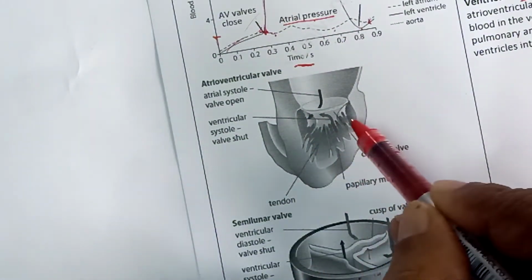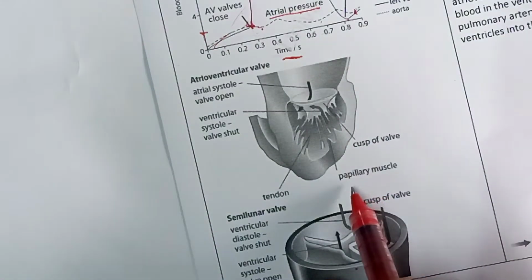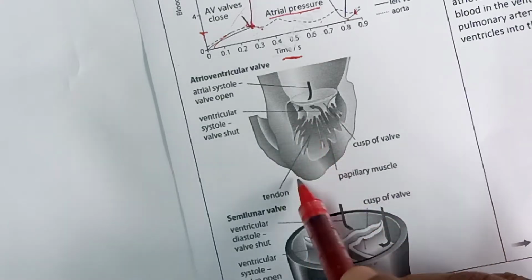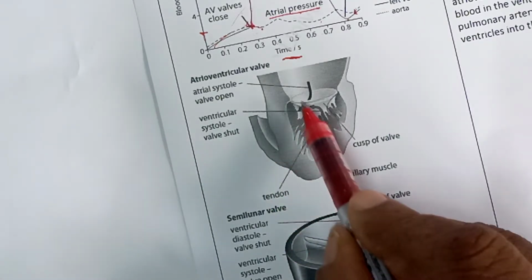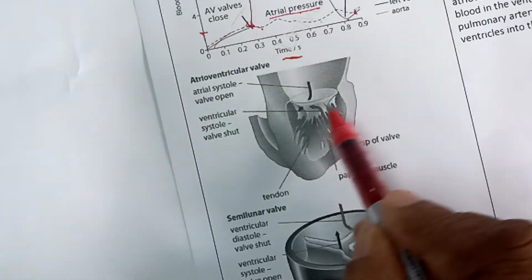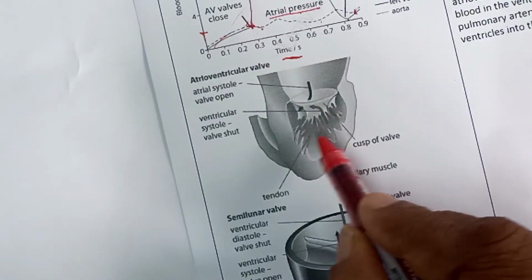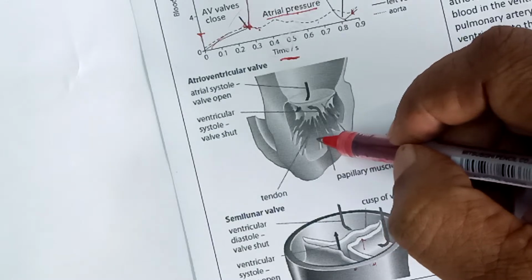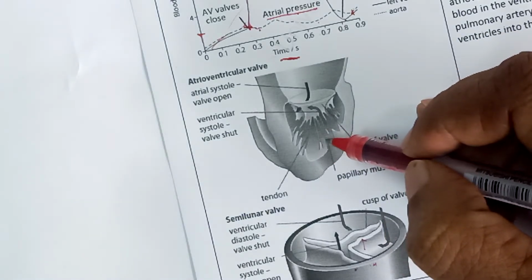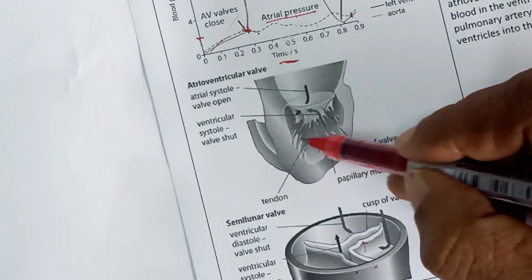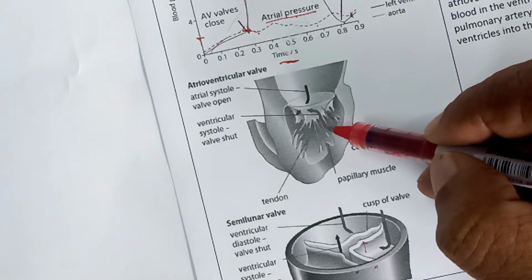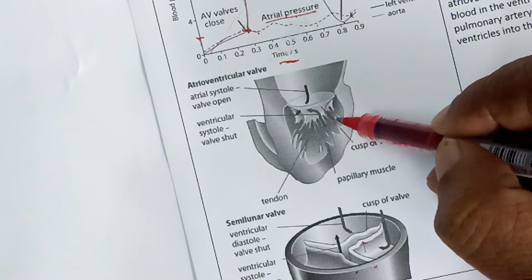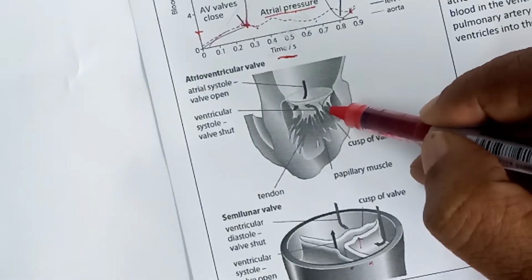There are small muscles, which are called papillary muscles, which give tension to the tendons that hold the valve. If this tendon breaks, the valve will be harmed, and you have to replace the valve. Unfortunately, in many people these tendons are broken, and they have heart failure. Okay, they have to replace the valve.